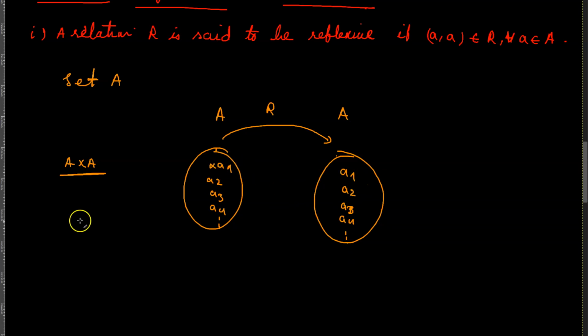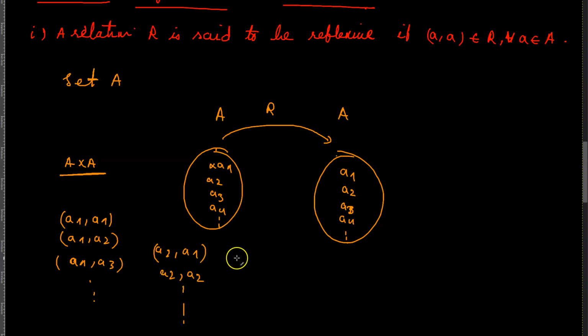You would get, for example, (a1, a1), (a1, a2), (a1, a3), and so on. Then you have, for example, (a2, a1), (a2, a2), and so on, all the way up to (an, an). Depending on the number of elements in A, you get a finite or an infinite number of elements here.